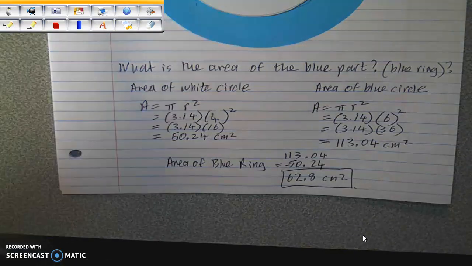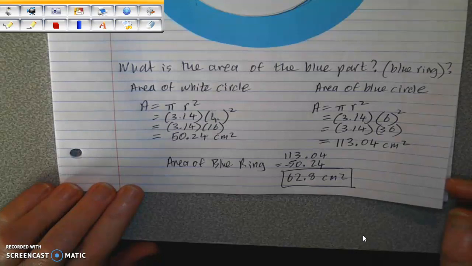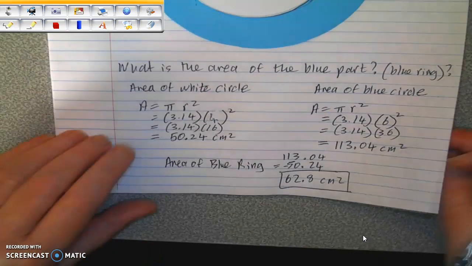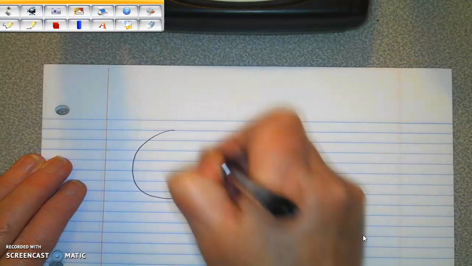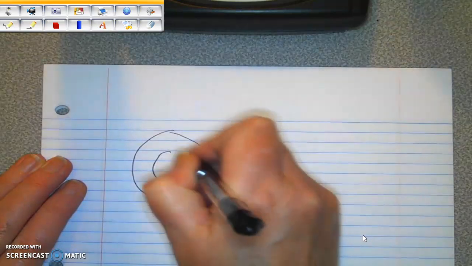There's one other piece that you need to be aware of. There are two ways that you can be given these problems, and I'm going to show you the two. Here's one way, which is what we just did.